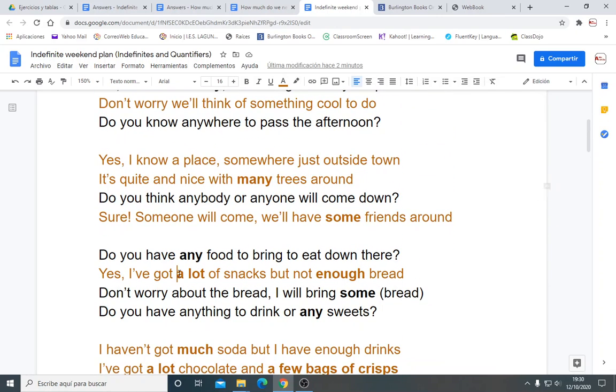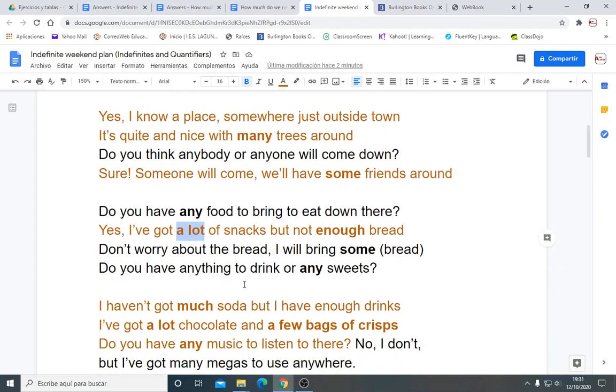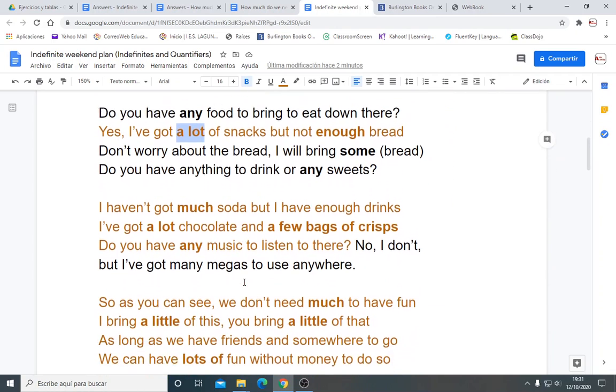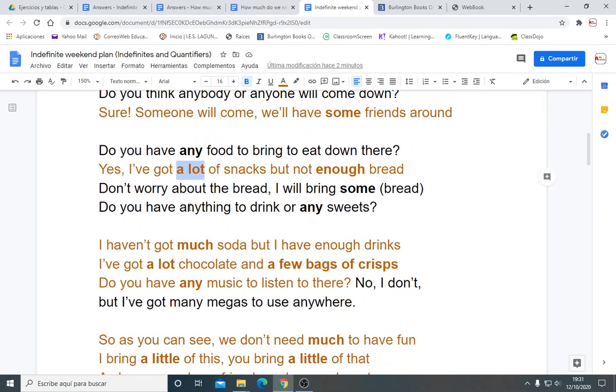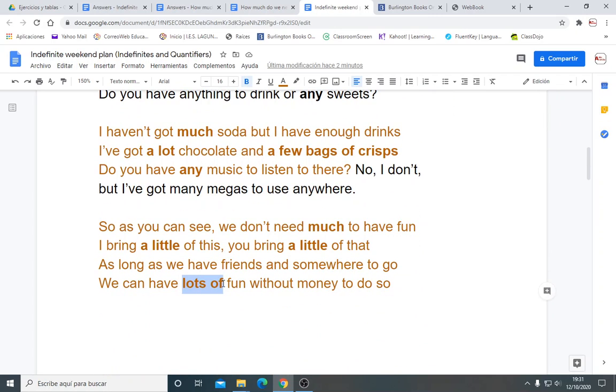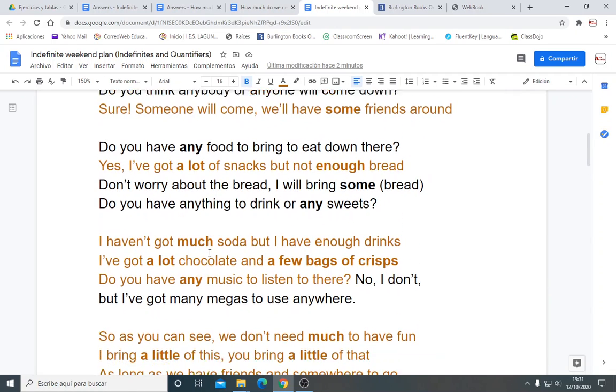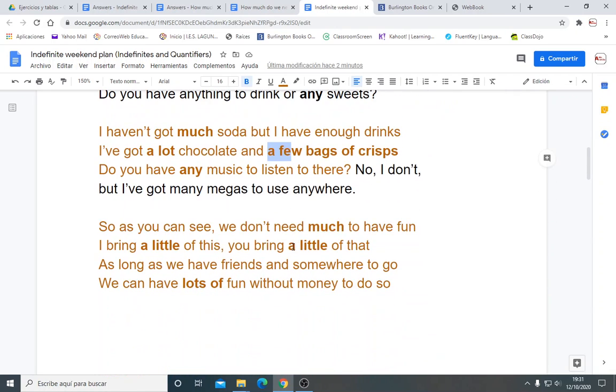A lot means a lot, okay? A lot is easier to use, okay? A lot means mucho also, but we can use it for countable or uncountable names, and we can use it as a lot or lots of, okay? They are exactly the same, all right? Then we have things, for example, like a few and a little, okay? A little I haven't included in here, but we can have a little, for example, a little water, okay?